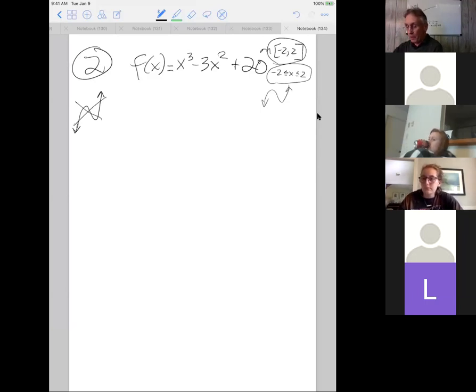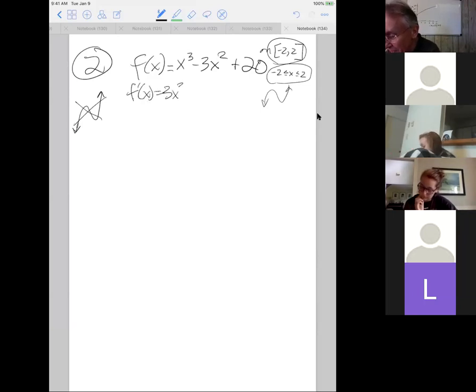Okay, so to find the absolute max and min, we need to always check the endpoints. You plug the endpoints into the original function, and you find any critical values and plug those into the original function too. So we've got to find the critical values. f prime of x equals 3x squared minus 6x. Set that equal to 0. This is where a couple of you lost one of your factors because you lost the 0.